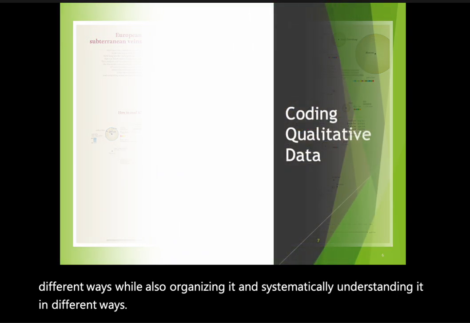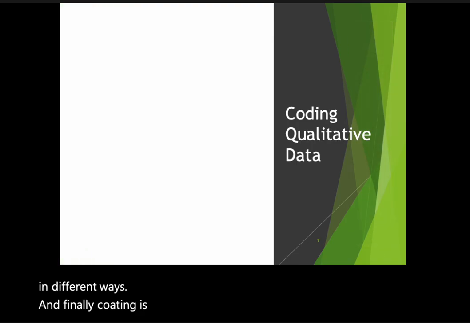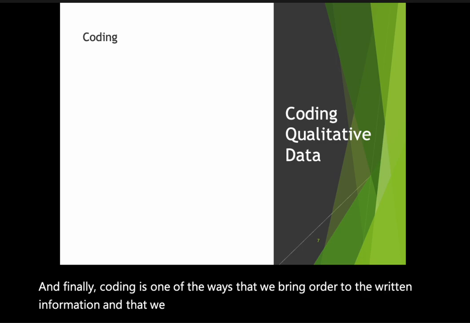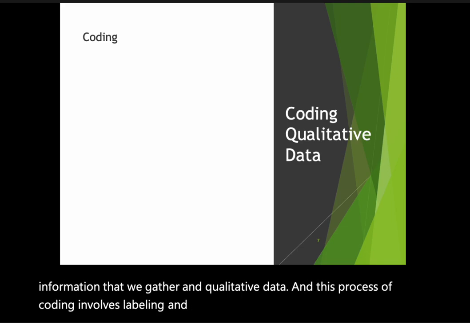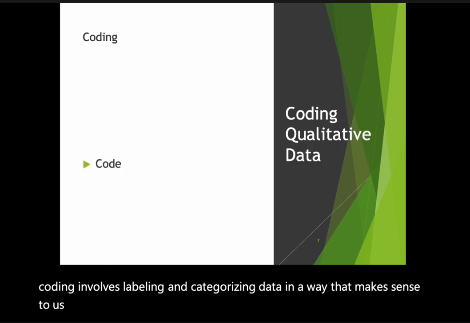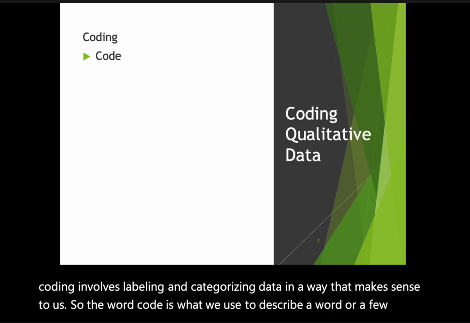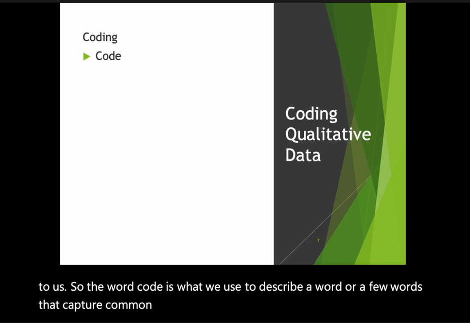And finally, coding is one of the ways that we bring order to the written information that we gather in qualitative data. And this process of coding involves labeling and categorizing data in a way that makes sense to us. So the word code is what we use to describe a word or a few words that capture common meaning or categorization.